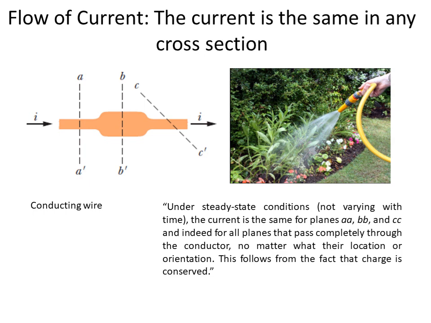So no matter what their location or orientation; look, the locations of AA dash, BB dash and CC dash are different from each other, and the orientation of CC dash is different from the orientation of AA dash and BB dash. On what basis do we state that? The basis is that the charge remains conserved.